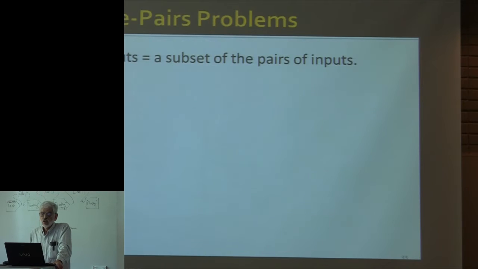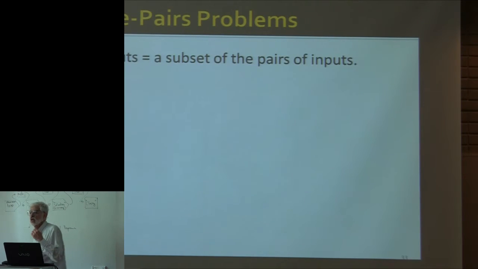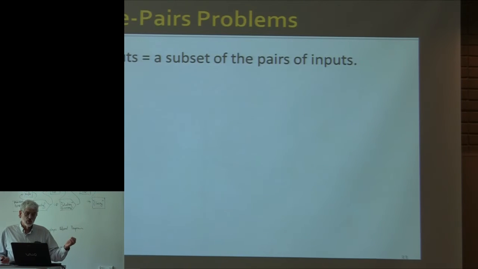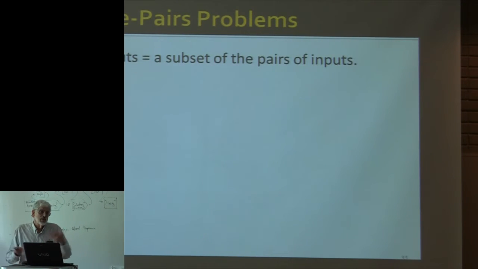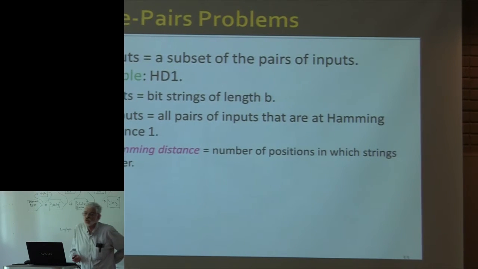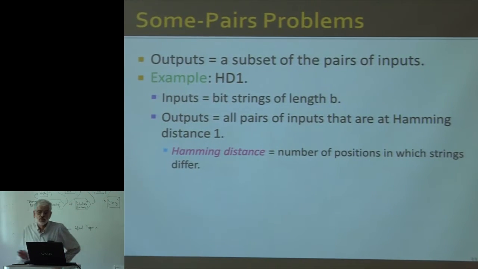So again, using the same model of a problem, we'll say a problem is a sum pairs problem if the outputs are sums of the pairs of inputs. That is, each output consists of 2 inputs, and maybe all pairs are there, but probably just some of the pairs are there. So just as an example, I want to talk about HD1, or the Hamming distance 1 problem, where inputs are bit strings of length b for some particular b.